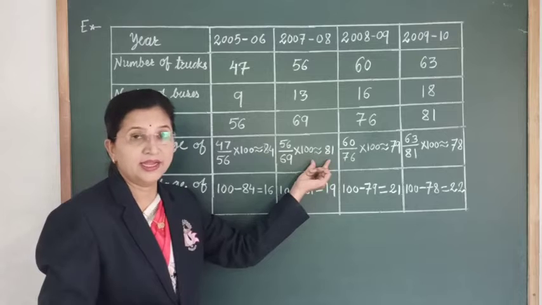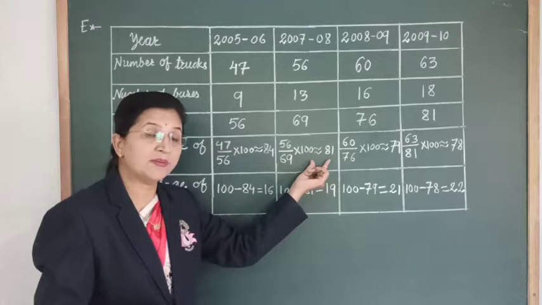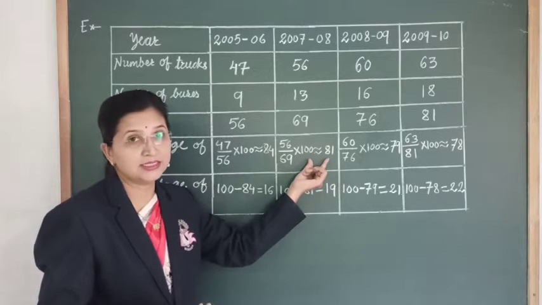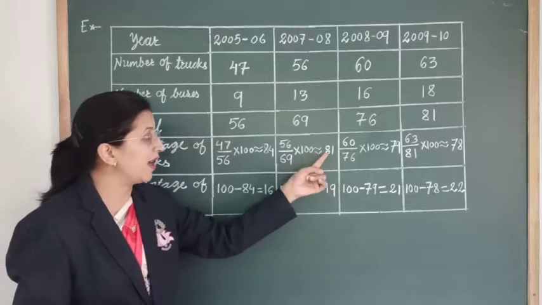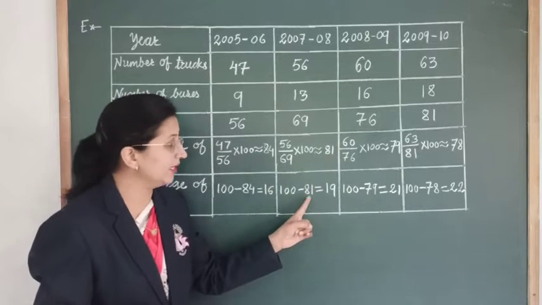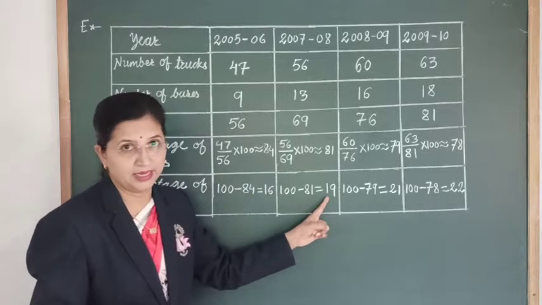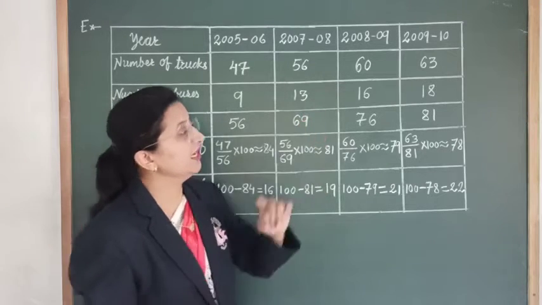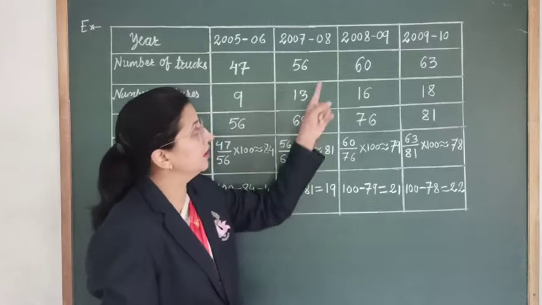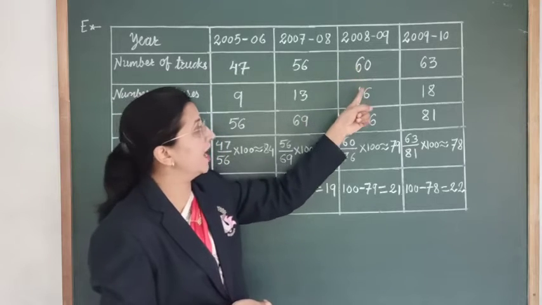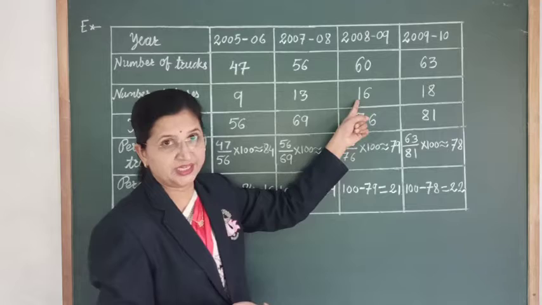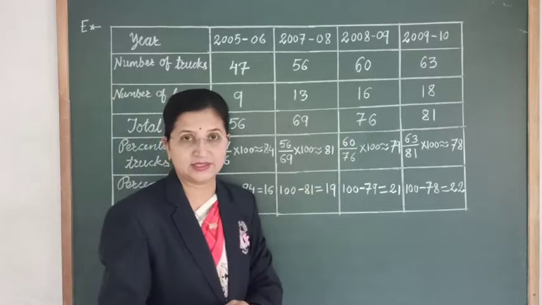So 81% of trucks. So what percentage will be of buses? That one will be 100 minus this 81, that is 19%. Now next, in the year 2008 to 9, trucks are 60 and buses 16. Total 76. Okay.